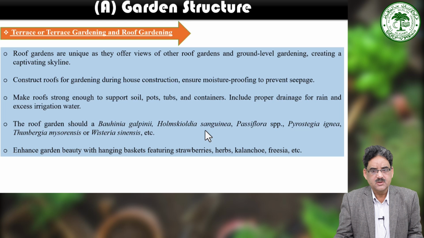The roof garden should have climbers like Bauhinia galpinii, Holmskioldia sanguinea, Passiflora species, Pyrostegia ignea, Thunbergia mysorensis, or Wisteria sinensis. Furthermore, add to the garden's beauty with hanging baskets featuring strawberries, herbs, kalanchoe, freesia, etc.